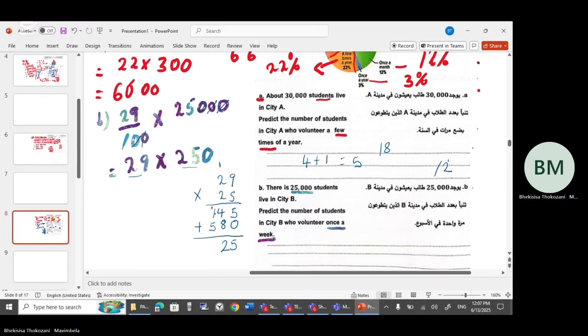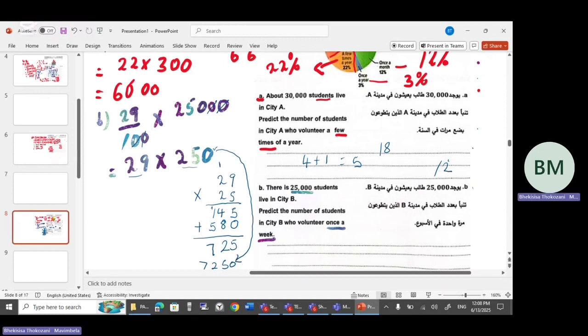Now, 1 plus 5 is 6, plus that 1, I'm going to get 7. Now, do you remember that I took 25? I need to remember that there's this 0 as well. So therefore, my final answer will now be 7250. Where do I get that 0? It's that 0 there.